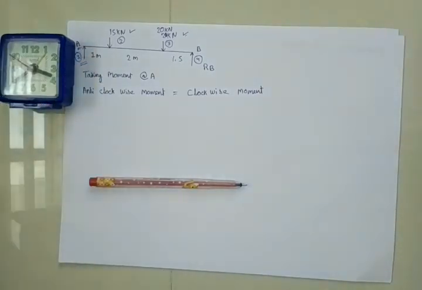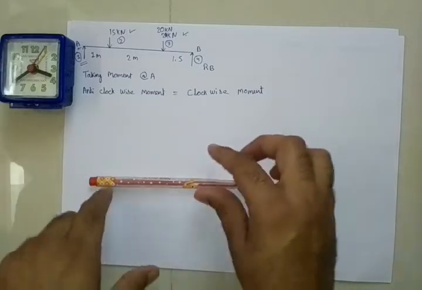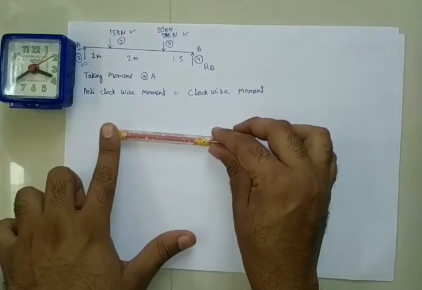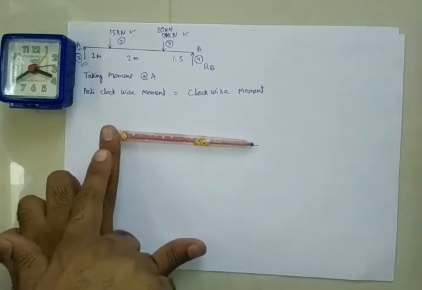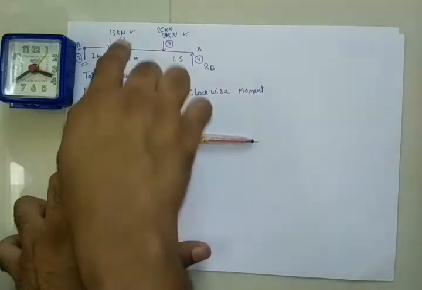But for this I'll use a clock for your better understanding. Now if I take A as my reference point, then I'll keep my finger over here to pin it. So I have pin joined my beam.